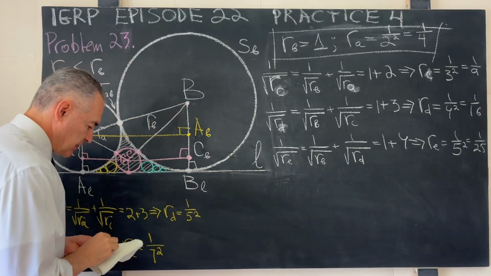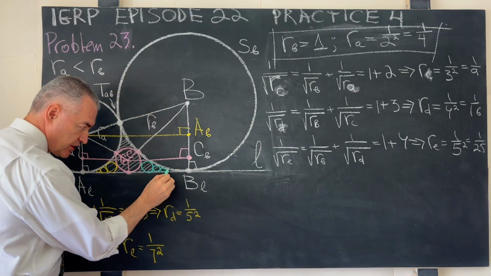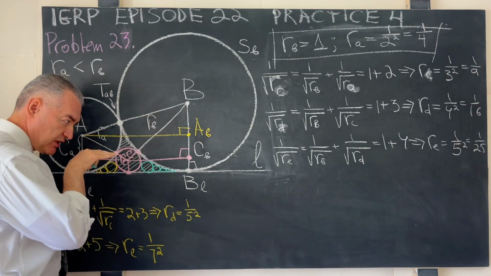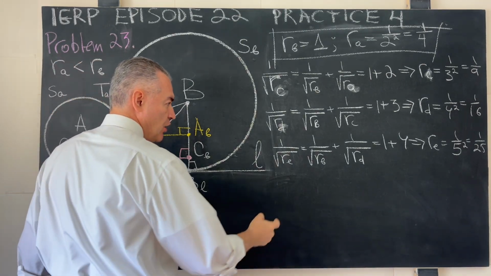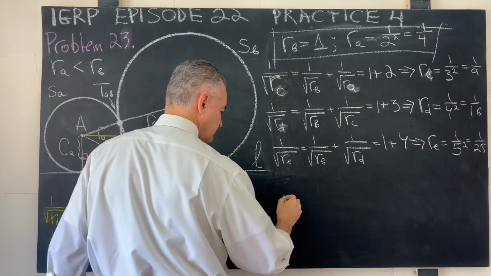So if we continue this process indefinitely, this is just a thought experiment, and we keep inscribing smaller and smaller circles in this space over here and create a family of, let's say, green circles, then what we will have over here is the following sum.